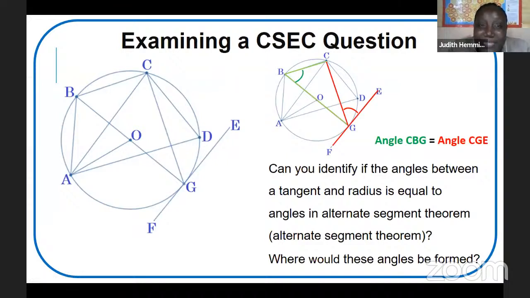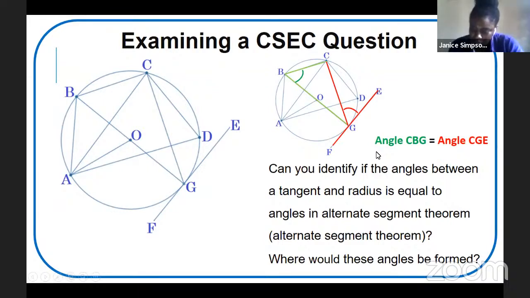Could anyone identify that pair? That pair of angles would have been formed between the tangent EF and the chord, which in this case is the diameter BG. Can you identify that pair as well?